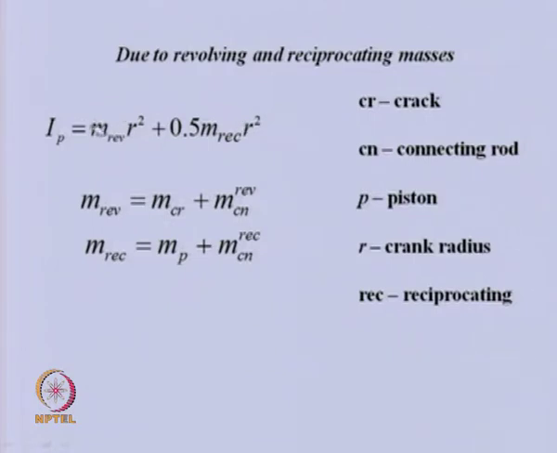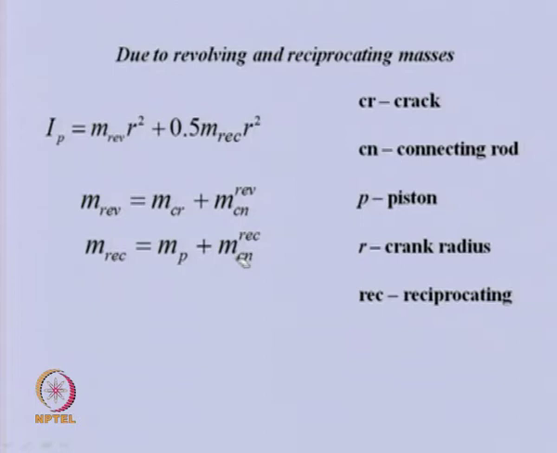You can see this contains the crank itself and the connecting rod, and this contains the piston and the connecting rod, because earlier we converted the connecting rod into a purely rotating and a purely reciprocating part.